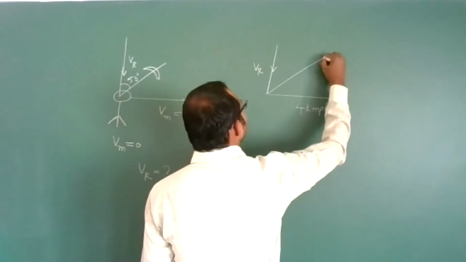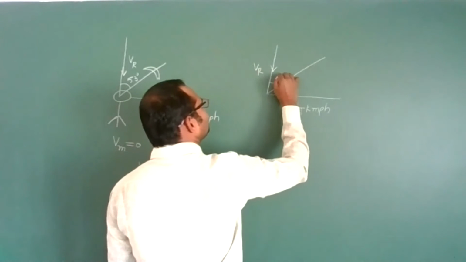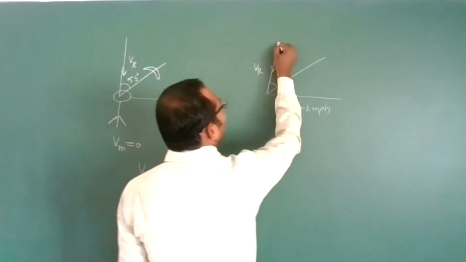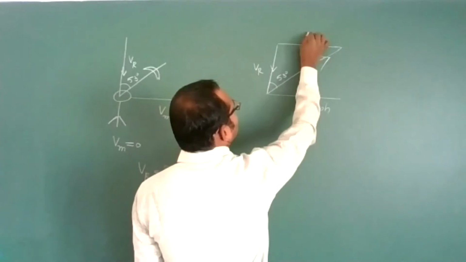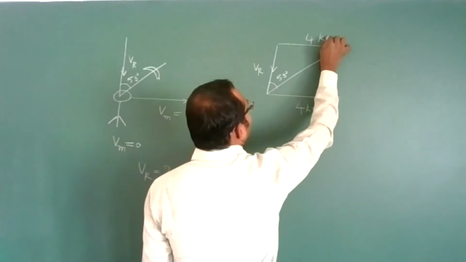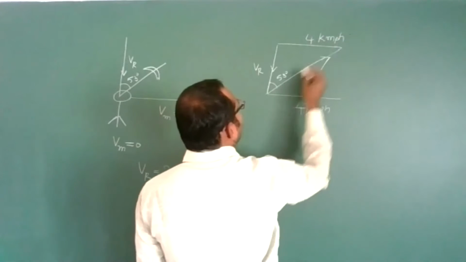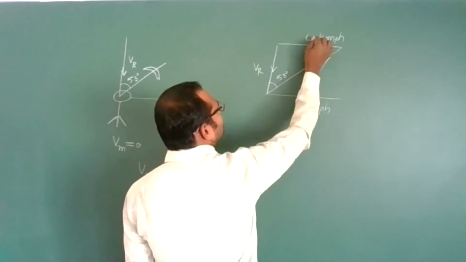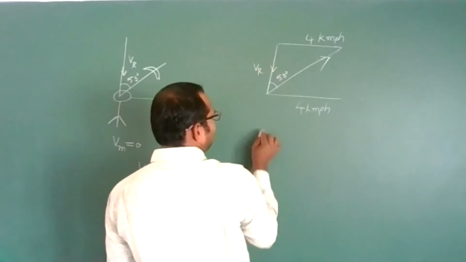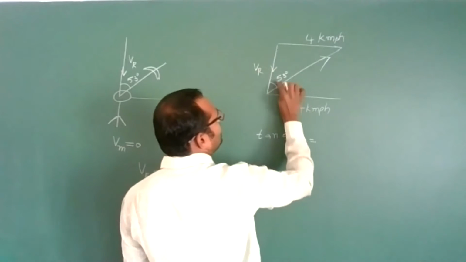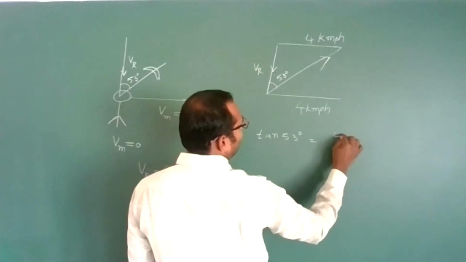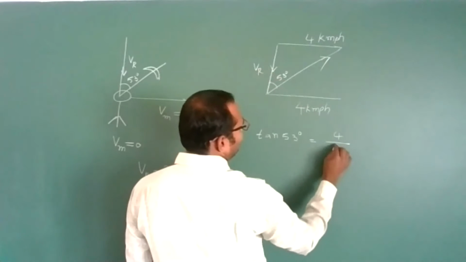This is your resultant, and this angle is 53 degrees. Now construct a right triangle with this. This side is also 4 km per hour. We have the opposite side and need the adjacent side, so take tan theta. Tan 53 degrees is equal to the opposite side 4 over the adjacent side, which we don't know.